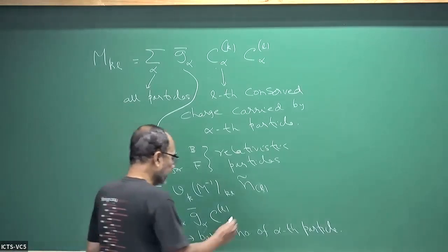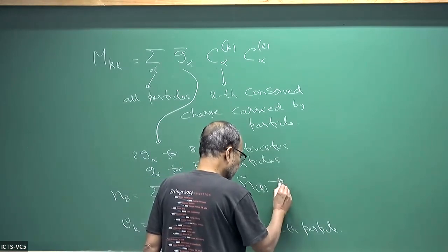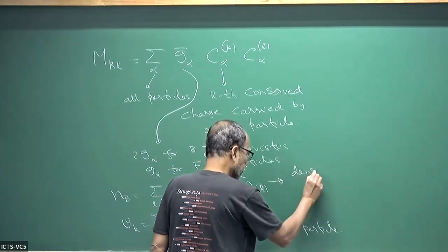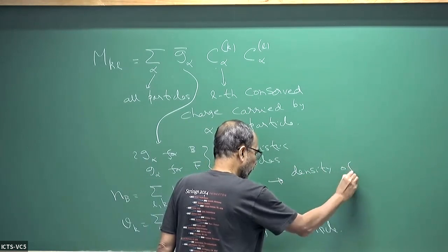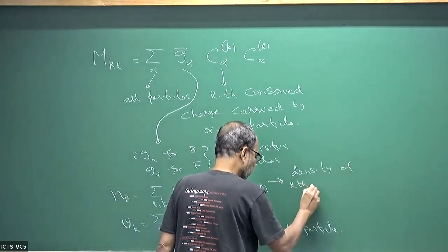And in this formula, n tilde L is the density of the Lth conserved charge.